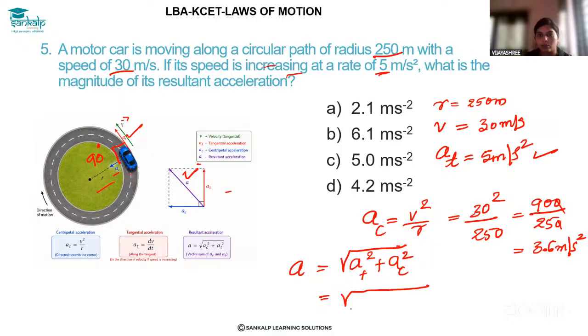AT square is 5 square, AC square is 3.6 square. 5 square is 25, and 36 square is 1296, so with two decimal places, 3.6 square is 12.96.